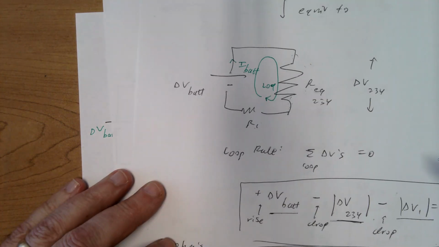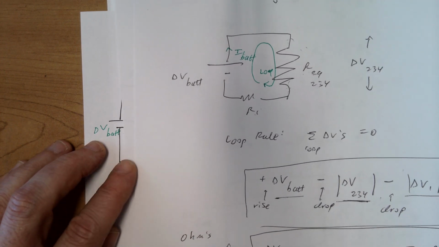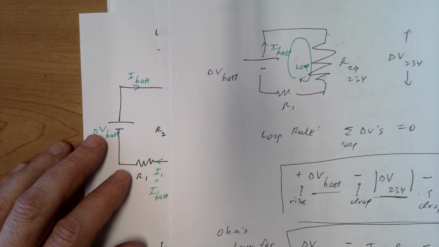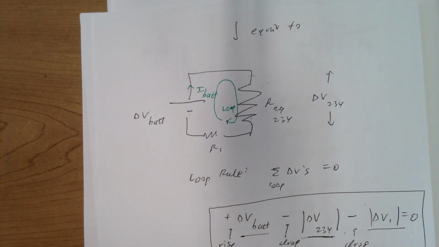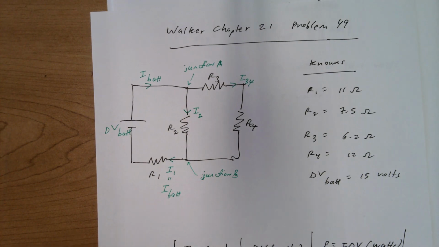And then from there you could have solved a number of different ways to find everything else. As long as you're using either a loop rule, junction rule, or Ohm's law, it all should lead to the same correct answer. All right.